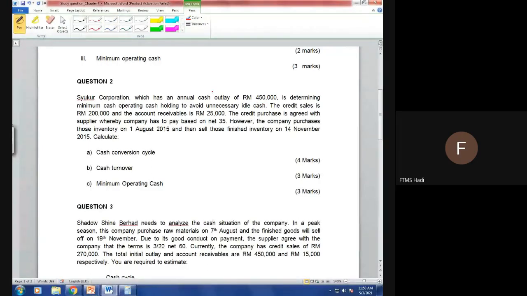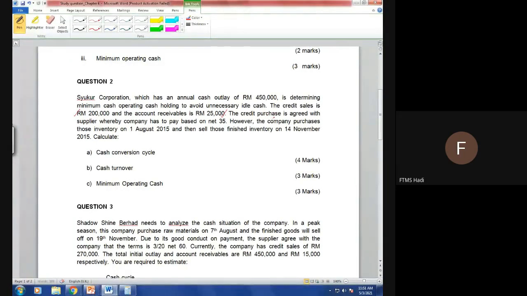This is your initial outlay, used for determining minimum operating cash holding to avoid unnecessary idle cash. The credit sale is 200,000 and the account receivable is 250,000.